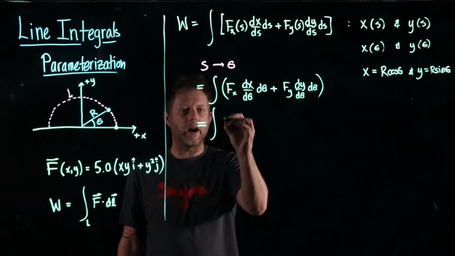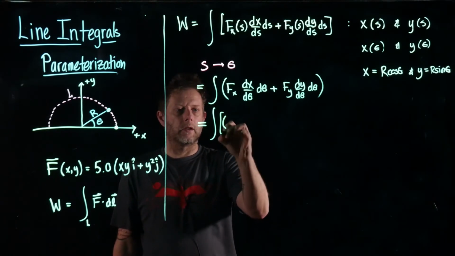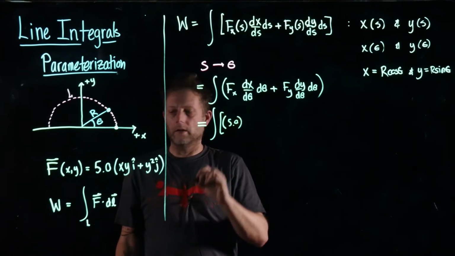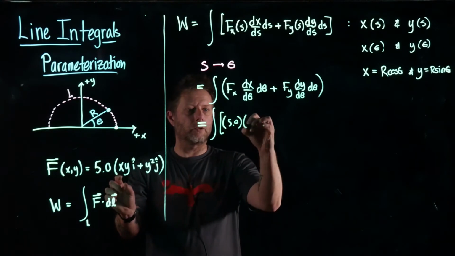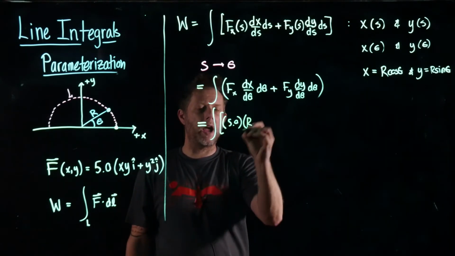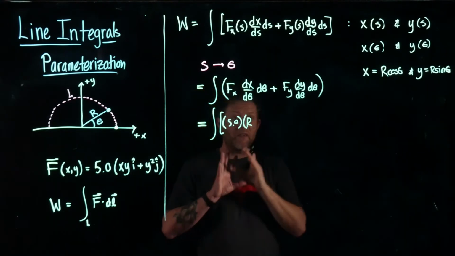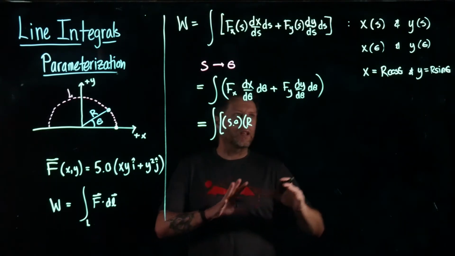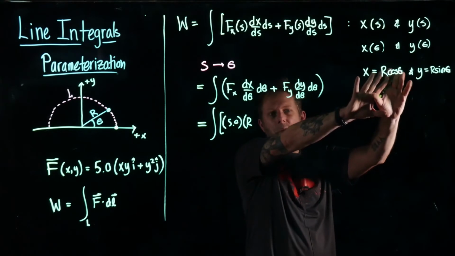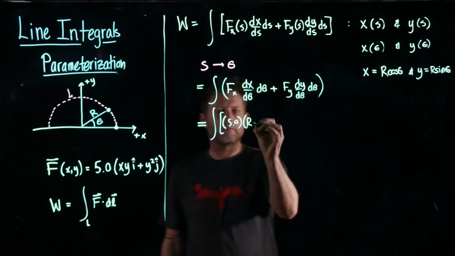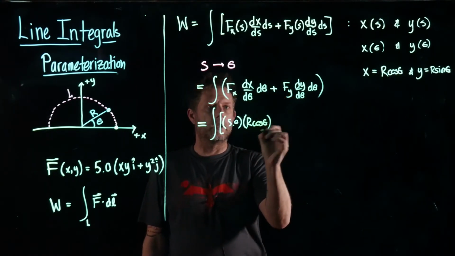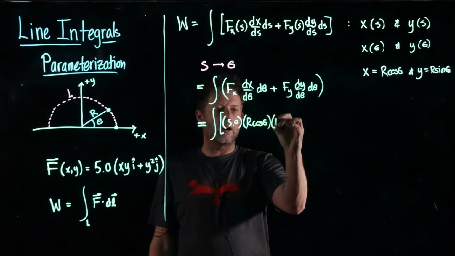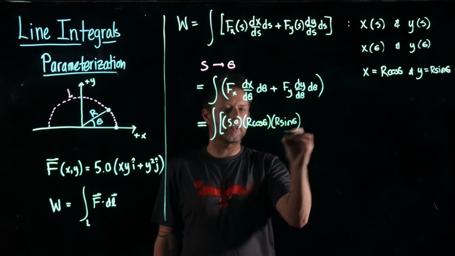So it's 5 times x. Well, x is r cosine theta. We parameterized everywhere where we had x and y. We now have to replace these x and y's with the functions that depend on that parameterization parameter. Y is r sine theta, so we plug that in there.